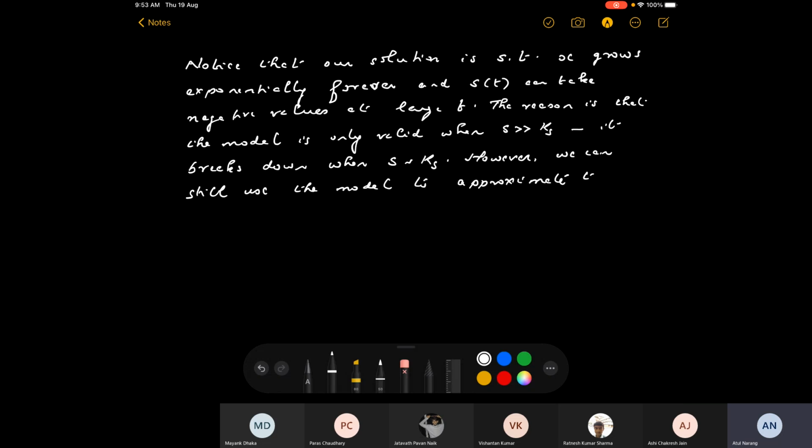If you're a bit clever, you can still use the model.